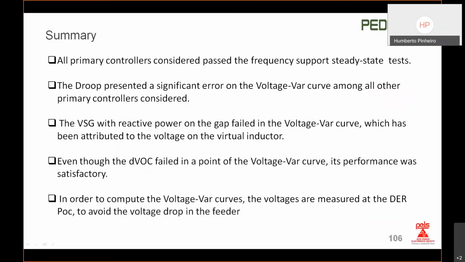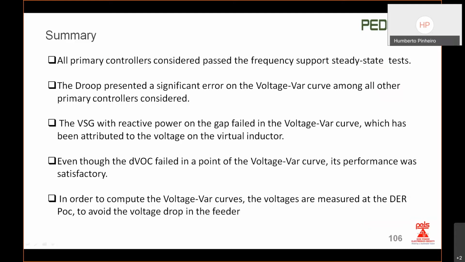As a summary for this steady state grid connected dispatch test, we can say that our primary controllers passed the frequency support test. The droop presents a significant error on the voltage VAR curve among all other primary controllers. The virtual synchronous machines with reactive power computed at the gap failed in the voltage VAR curve, which is attributed to the fact that we have a voltage drop across the virtual inductor.